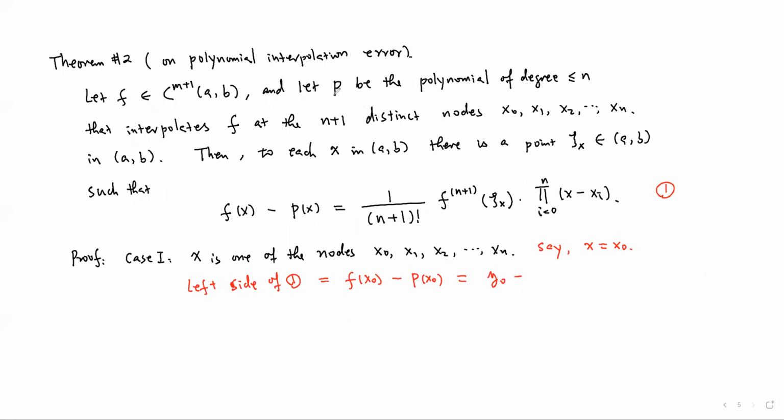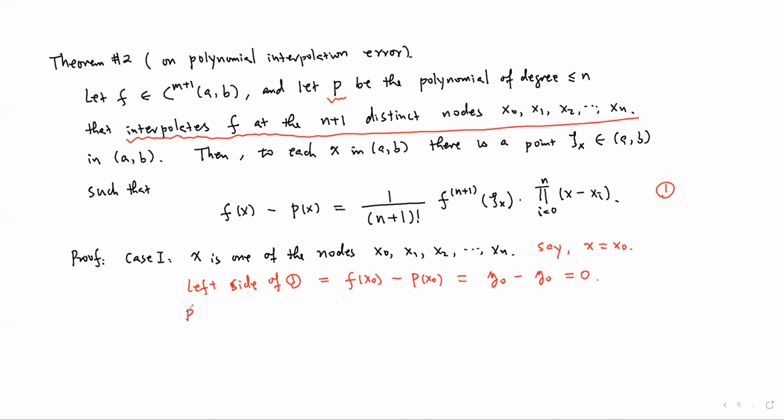Here I assume p interpolates function f at the nodes. That means the polynomial's value at x0 is also y0. So the left-hand side is 0.